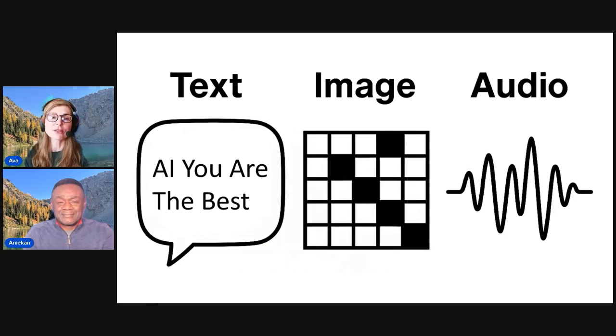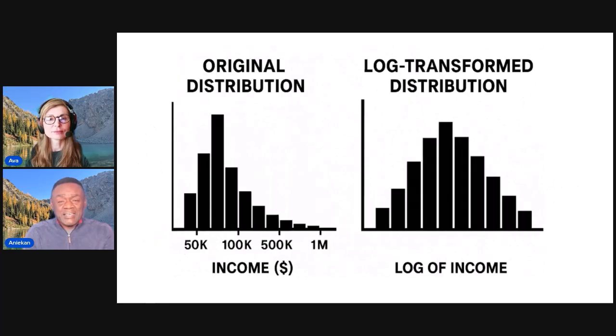What is first? Yeah, we're going to look at the logarithmic transform, right? Imagine income data where most people earn anywhere between 50,000 to 90,000. However, there are a few millionaires, creating a skewed distribution. That's right. Those extreme values can dominate the model.